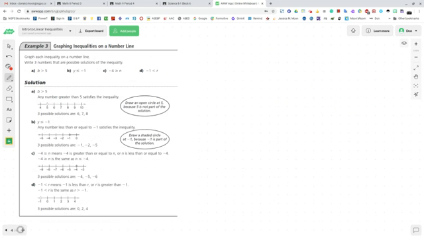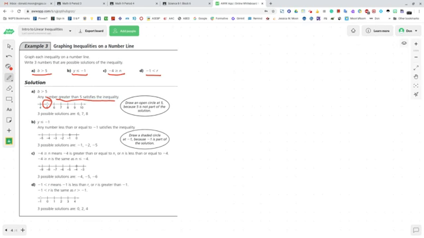Okay, last one, we just have some graphing of inequalities on a number line. So we have b is greater than 5, y is less than or equal to -1, -4 is greater than or equal to n, and -1 is less than r. So in each of these cases right here, because any number greater than 5 satisfies the inequality, we draw this open circle on the number line.